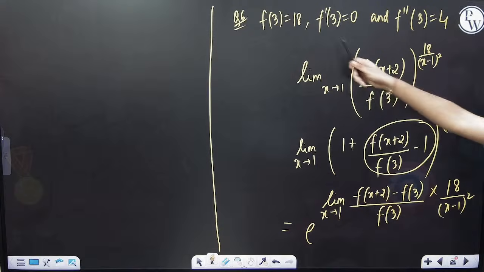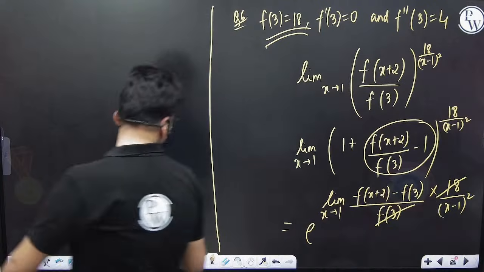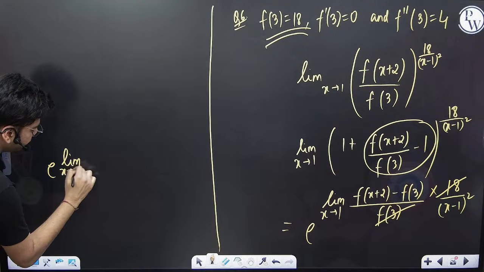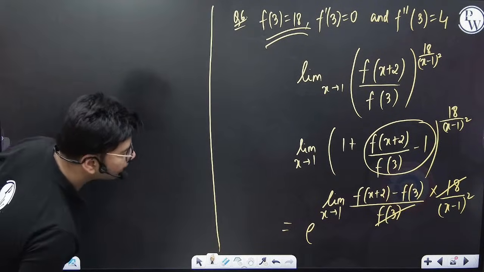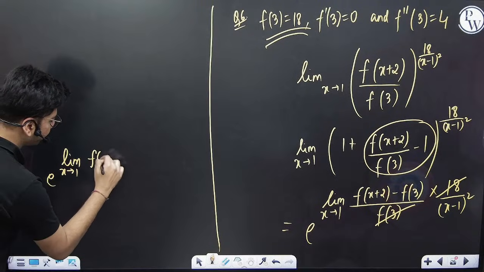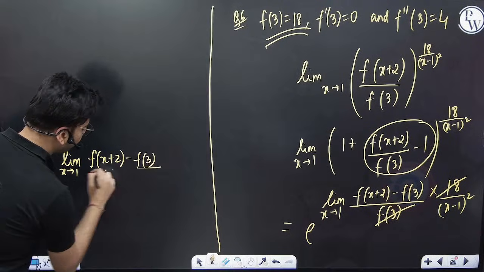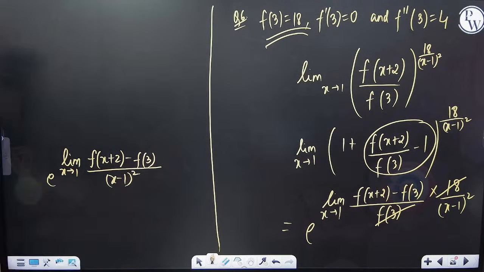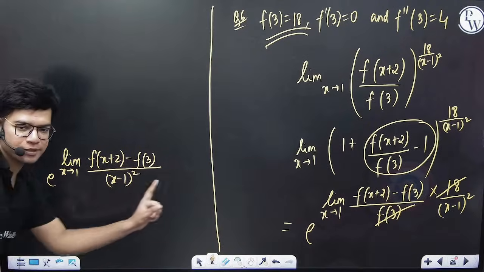Now f of 3 is given as 18. So 18 and 18 cancel. So now this becomes e raised to the power limit x tends to 1, f of x plus 2 minus f of 3 upon x minus 1 whole square, which is again an indeterminate form. f of 3 minus f of 3 is 0, 1 minus 1 is 0.